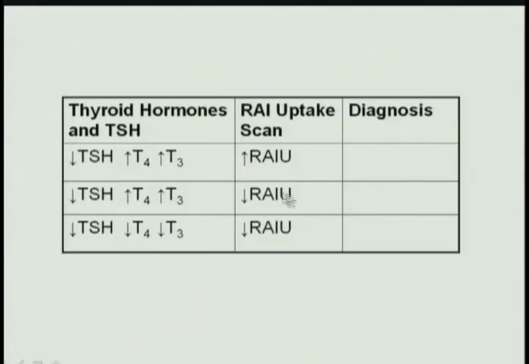And you do the radioactive iodine uptake scan in this patient, and lo and behold, look, this patient has decreased uptake on the radioactive iodine uptake scan. And you say, how could this happen? How can the patient have increased symptoms, typical of hyperthyroidism, and a decreased radioactive iodine uptake scan? And the answer is this patient has subacute thyroiditis.